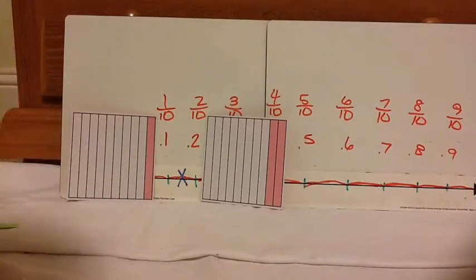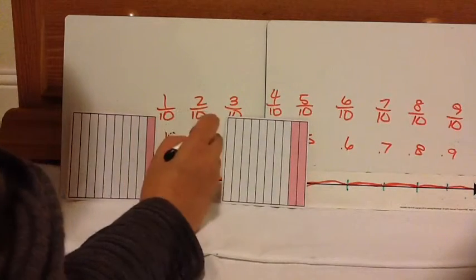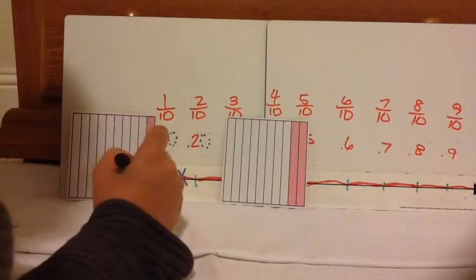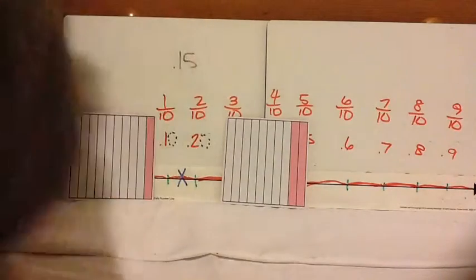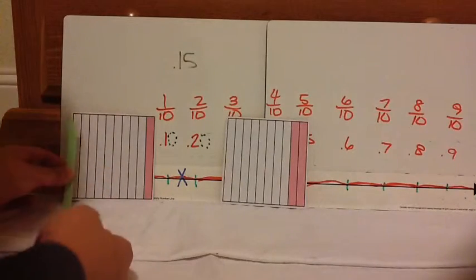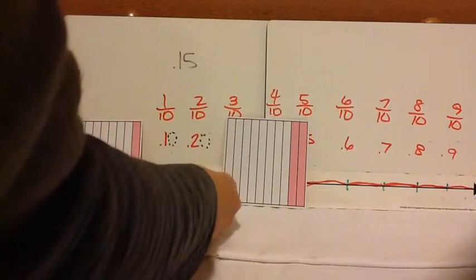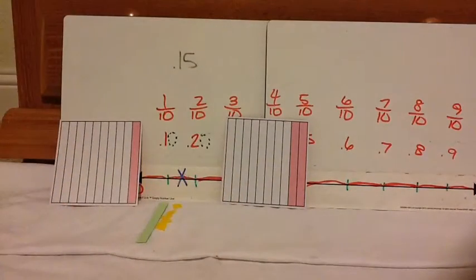Well, if you think about it, it's like 10 cents, 20 cents. So then in the middle you would have 15 cents. So this is what the middle would look like. It's like having this and 5 more. You see that?